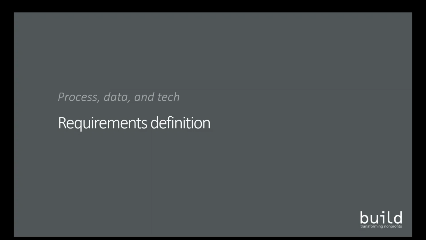Business and technical requirements should be carefully documented and prioritized. If the organization has a poor understanding of its current business process and data, as I said, or processes are performed inconsistently or data quality has been poorly managed, thorough business requirements can be very difficult to develop. Poor business requirements are a big challenge in technology project success and one of the leading contributors to projects running over budget and over schedule.